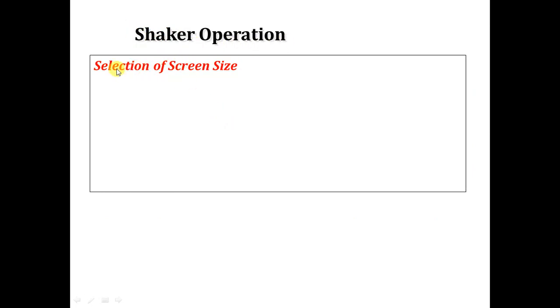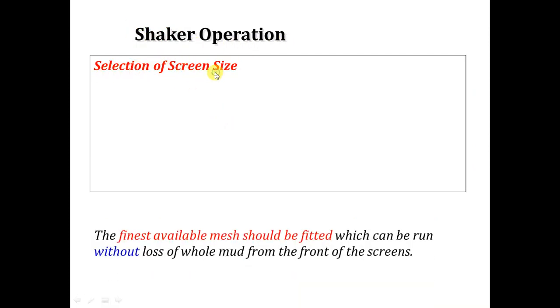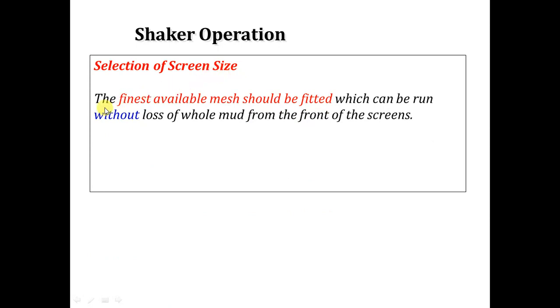Some shaker operation: how to select the screen size. How do we select the screen size? Actually, the finest available mesh should be fitted, but take care that the flow over the screen or the pool must not be more than 70%.